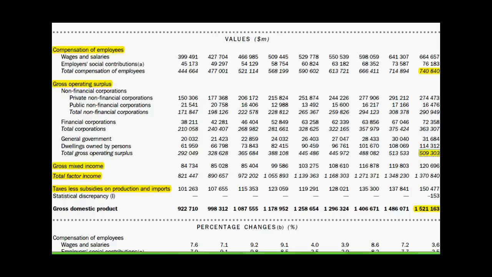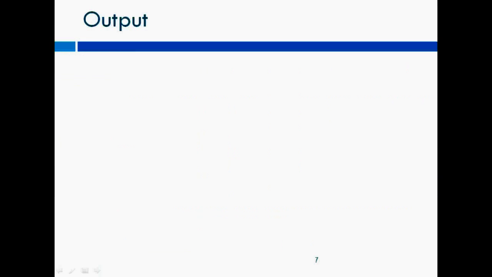Okie dokie. That's that for nominal GDP.